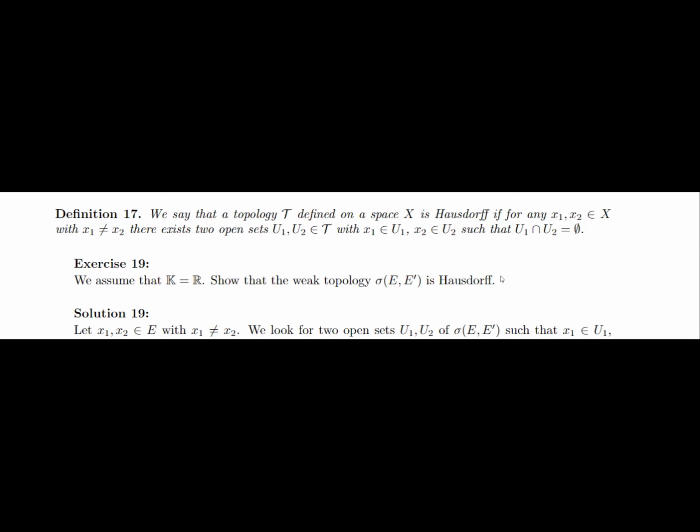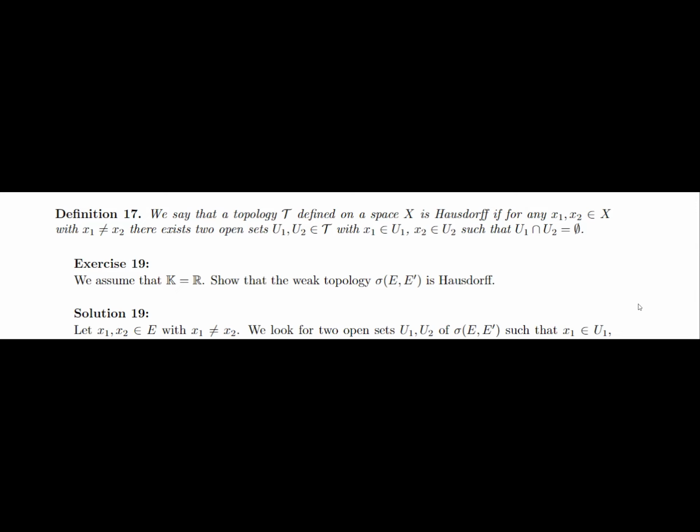There was a remark in the chat asking why we don't look for a hyperplane separating x1 and x2. That's a good idea, and that's the geometric idea that we are going to use.